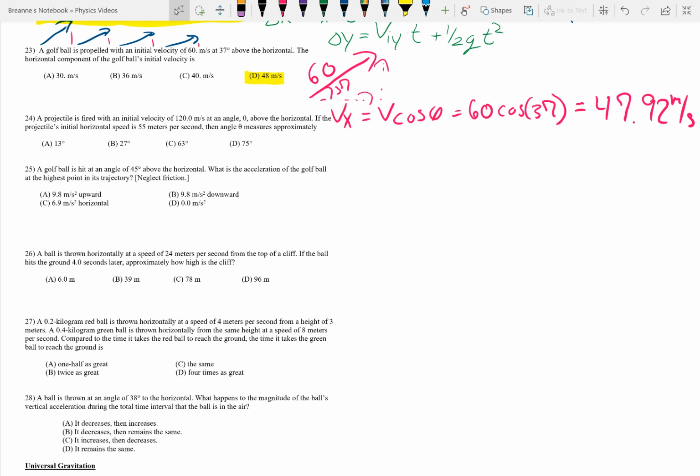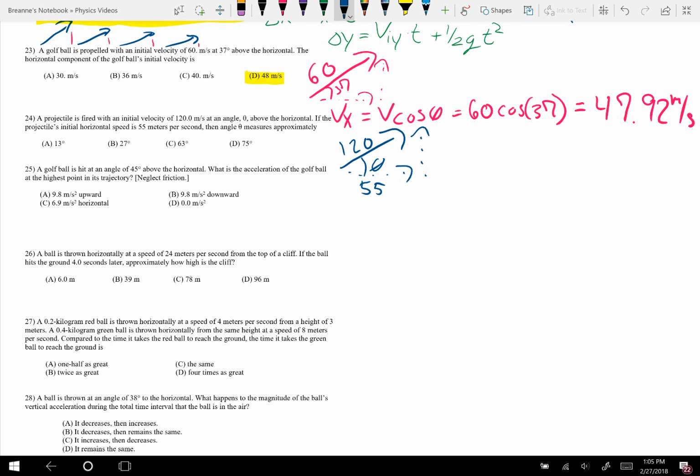It's still the same thing. We have to draw a triangle, but in this case we don't know our theta. We know our hypotenuse and our horizontal component, but we don't know our angle.